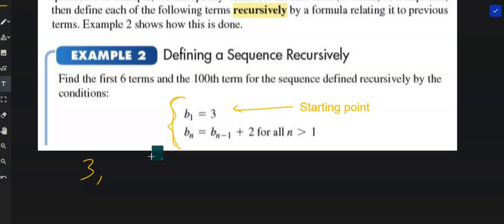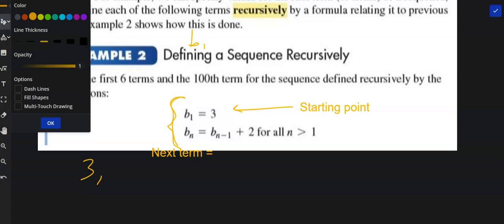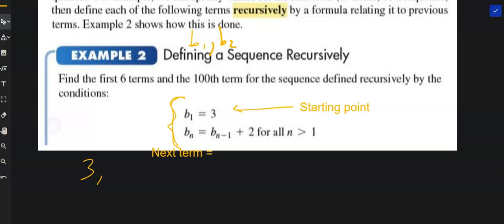What are they telling me to add each time? No, don't get caught up in the notation, the little subscript notation. Remember, B sub n means like the next term. Now, keep in mind, folks, if B sub 1 is your first term, and B sub 2 is your second term, and B sub 3 is your third term, then somewhere way out in the list is B subscript n.